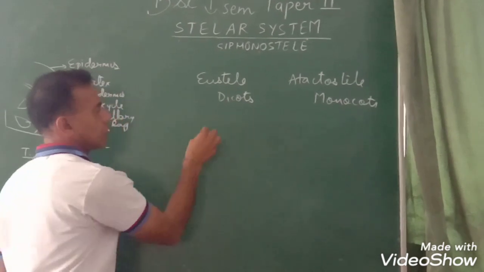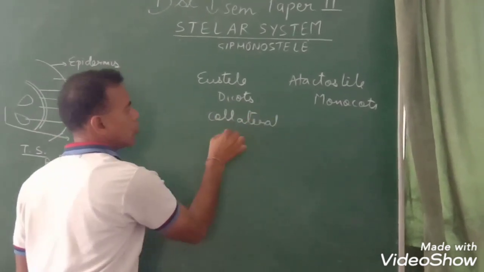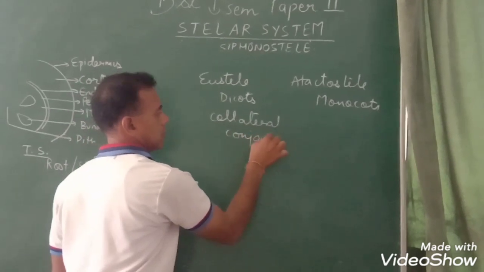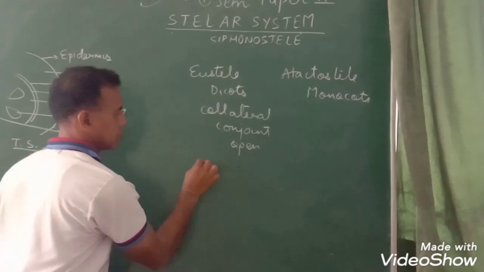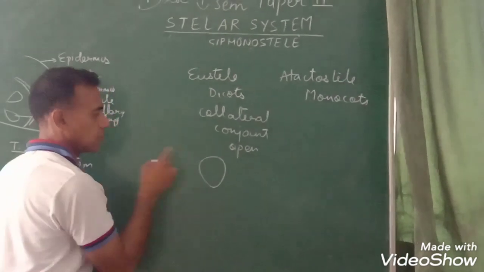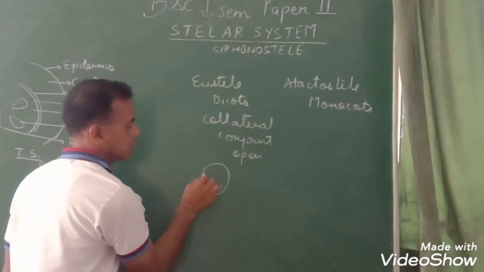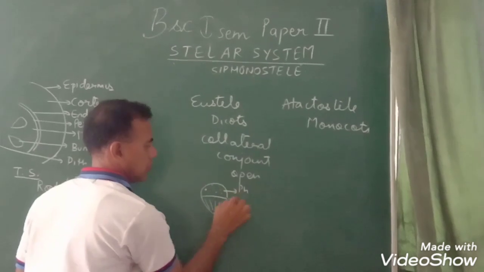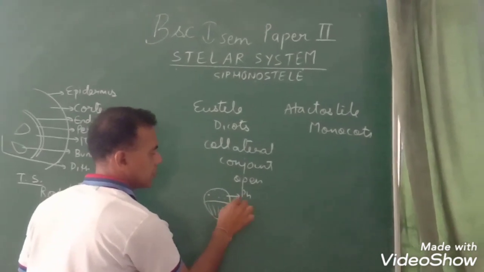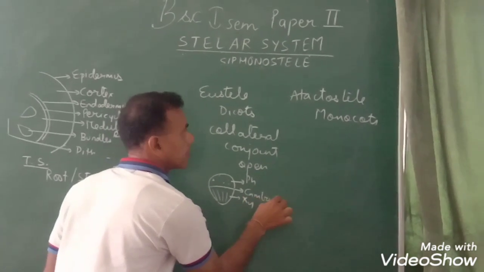In dicots, we have collateral, conjoint and open vascular bundles like this. This is one vascular bundle. On the inner side is present xylem, on the outer side is present phloem, and in between there is a special tissue known as cambium.